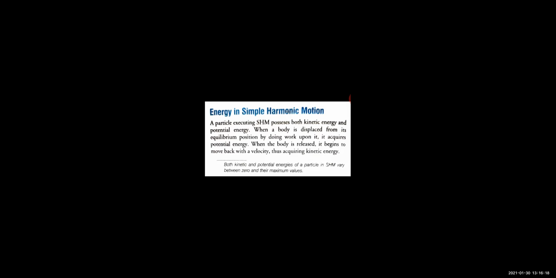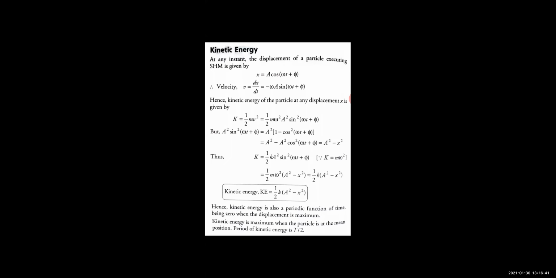When it is moving away from its mean position, its configuration is changing, so this energy will be stored as potential energy, right? And when the body is coming back from the extreme position to the mean position, then its kinetic energy will change, right? So let's first calculate the kinetic energy for a particle executing simple harmonic motion.